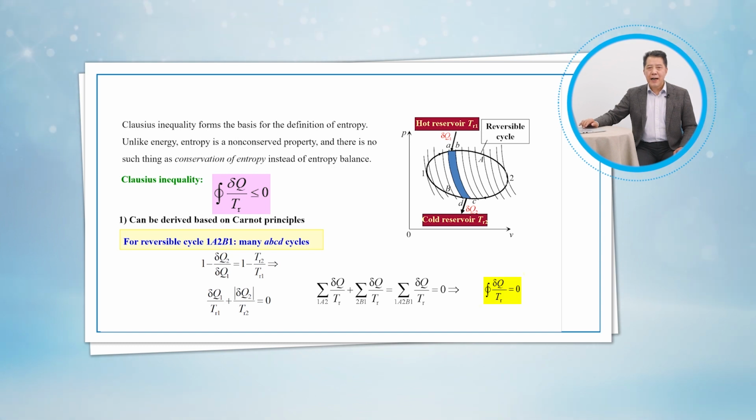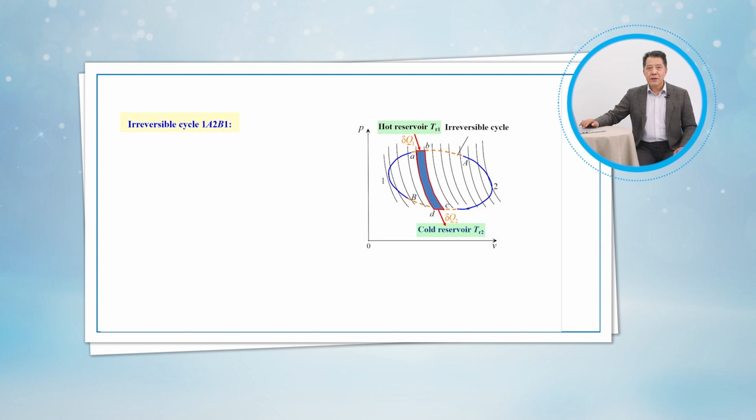Based on Carnot principles, we have, that is, the cyclic integral of delta Q over T for a reversible cycle is equal to 0.